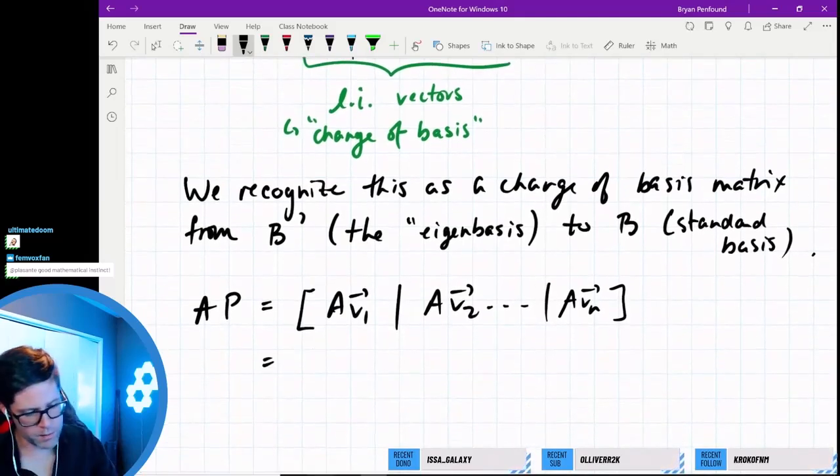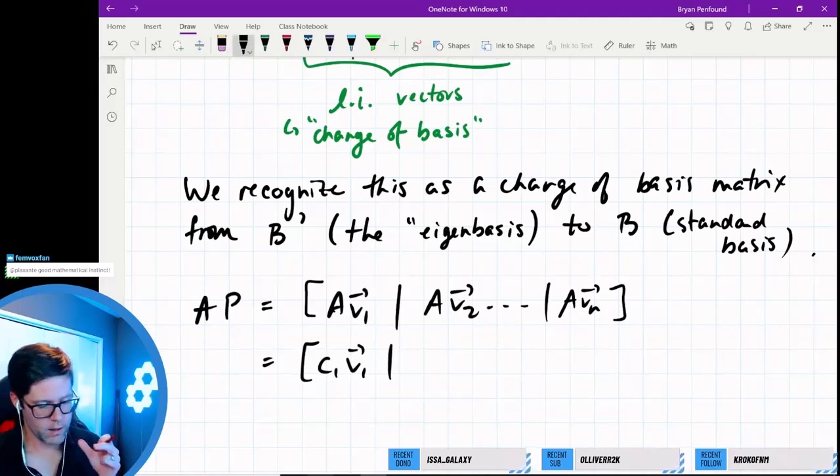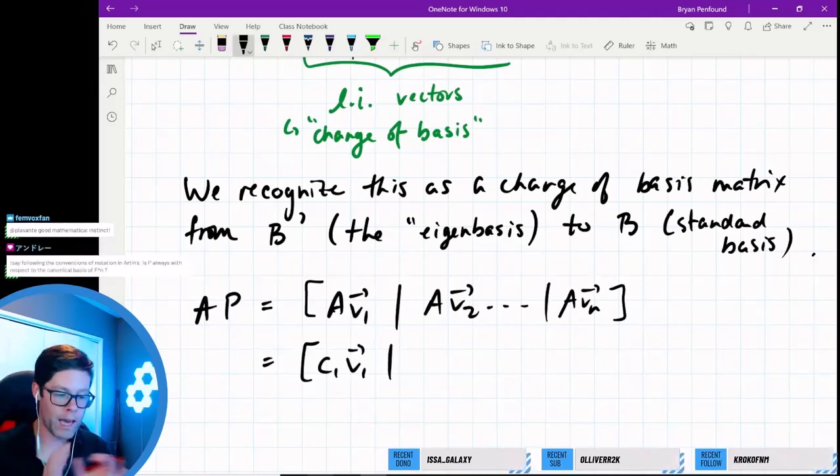Now this left-sided multiplication is going to convert all of our columns into things like c1 v1, right? So we have this equivalent expression here due to that relationship that we have with A, c, and v.